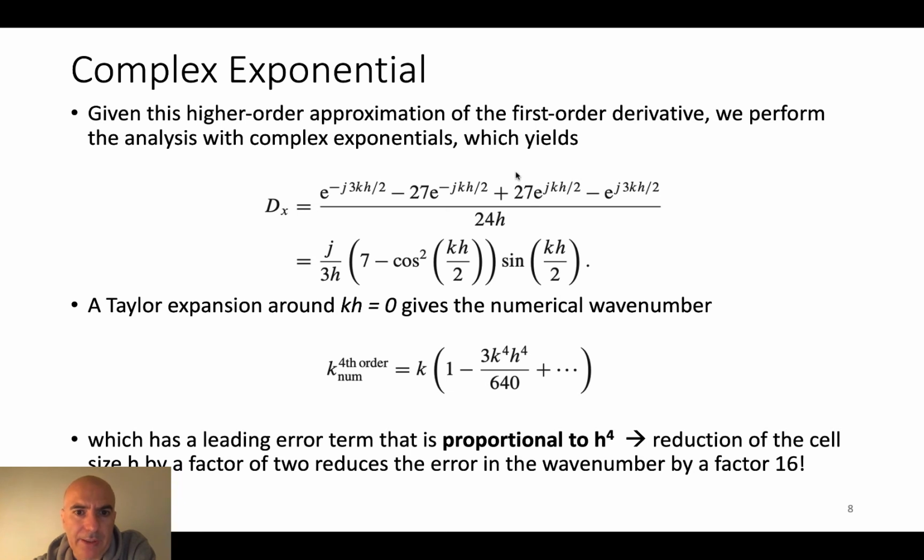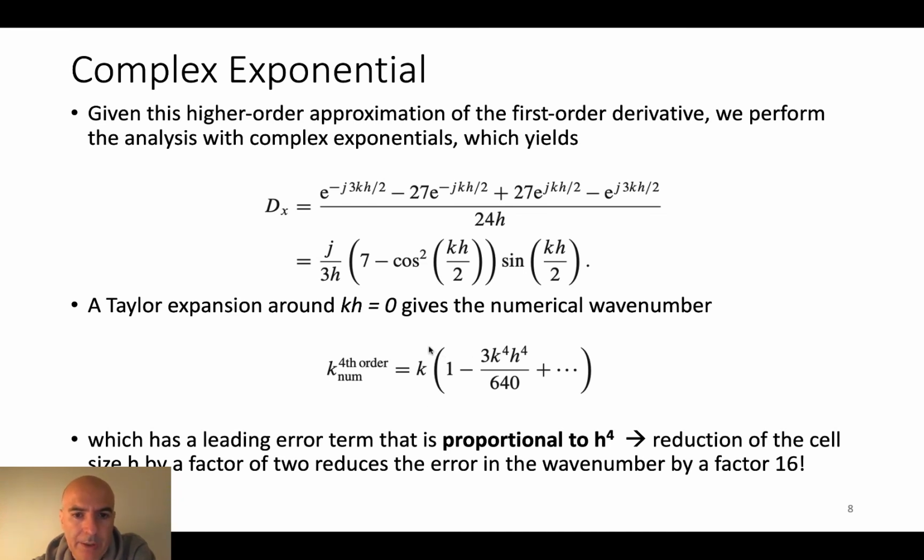This expression can then be compressed into a small expression that is the following. One thing we can do is make a Taylor expansion of this cosine square and sine in the same way we did in the previous lecture, and find what the leading error is.